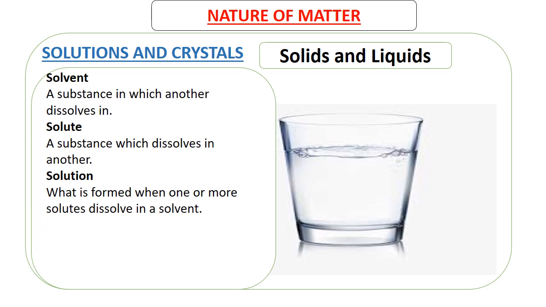A solution in which, after mixing the two or more substances, you can't tell what makes it up, it looks like it's one thing, is termed a homogeneous or uniform mixture. So any solution in which, in the end result, you cannot tell the constituents that make it up is called a homogeneous or uniform solution or mixture.